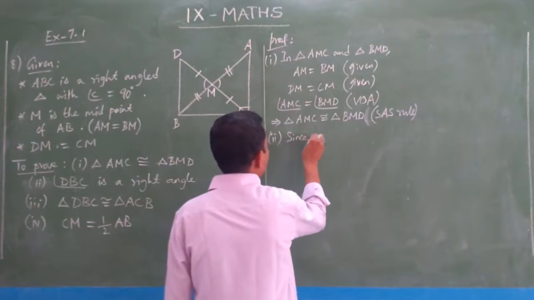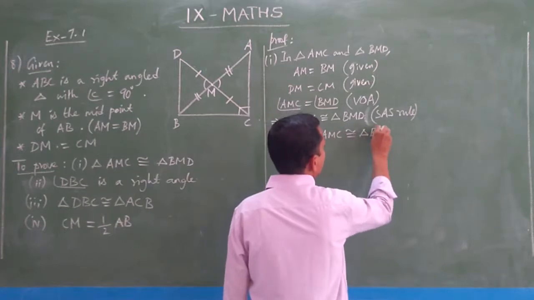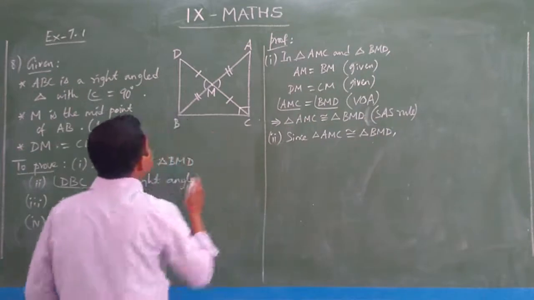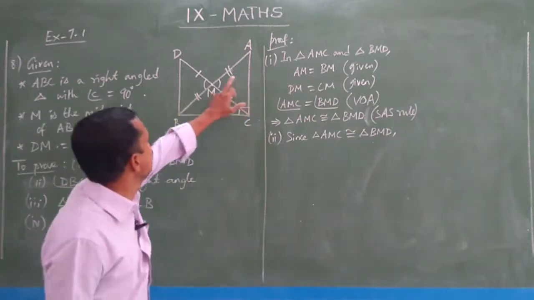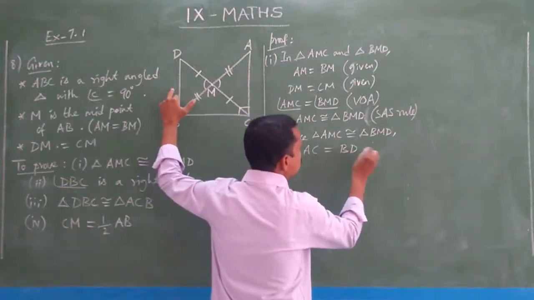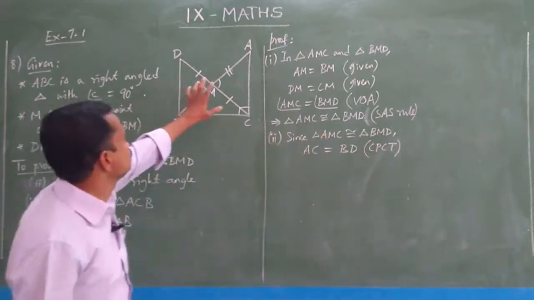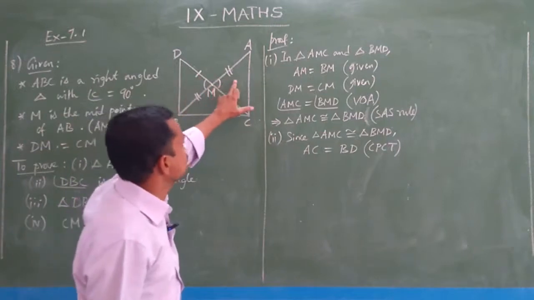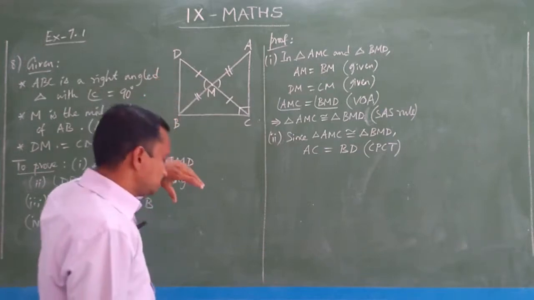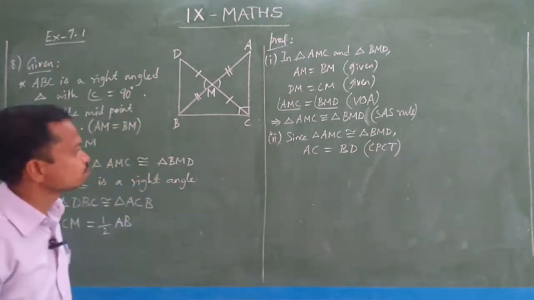Since triangle AMC is congruent to triangle BMD, we can say the sides AC and BD are equal. Reason: CPCT. AC from the first triangle AMC, BD from the second triangle. The corresponding parts of congruent triangles are equal, so AC equals BD.